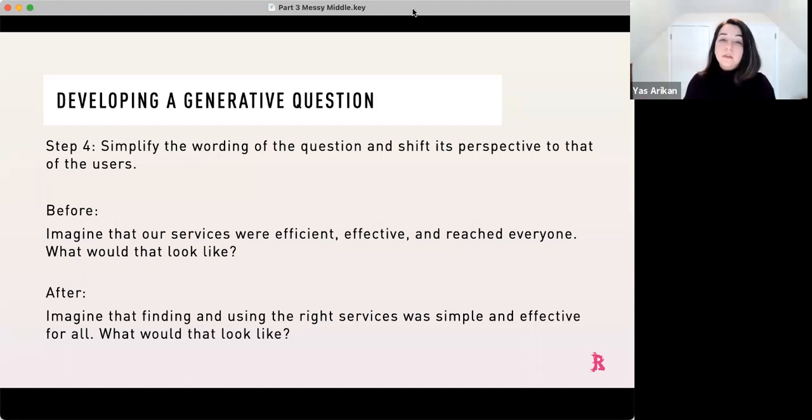Maybe you would use different wording, but I hope you can see that the emphasis is shifted away from our services to the user, the people we're trying to improve the lives of. So again, please go back to your latest draft, and see, can you simplify words and phrases in it? And is there an opportunity to shift the perspective inside your question?